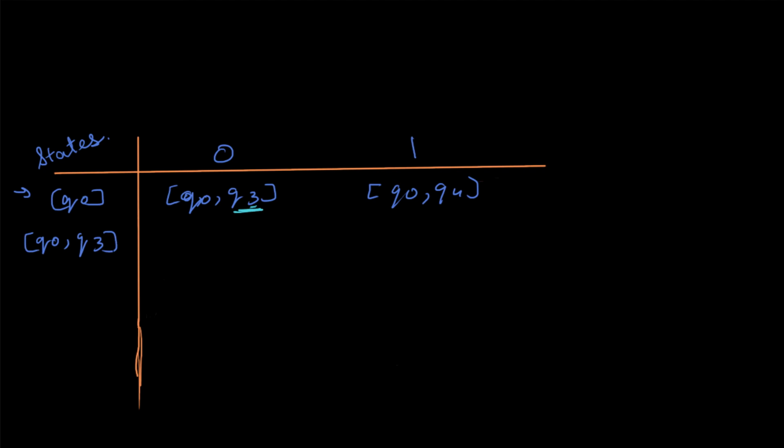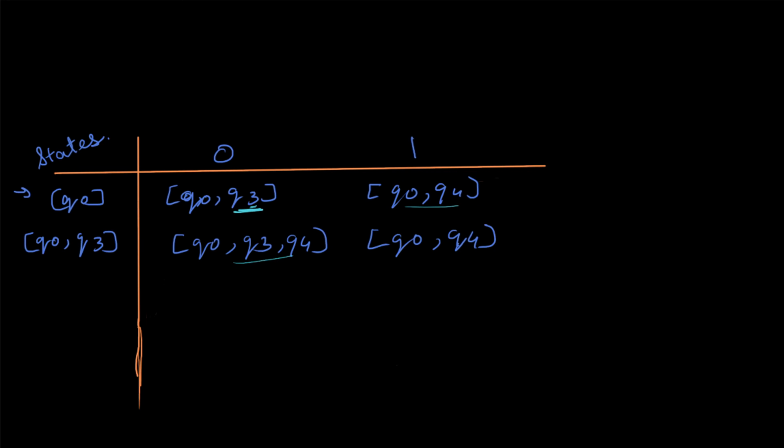And now we look for what actually happens. Q naught gives us Q naught Q3, and Q3 gives us Q4. That's nice. And here we get Q naught and Q4. So now we see that we've got Q naught Q3 Q4 and Q naught Q4.